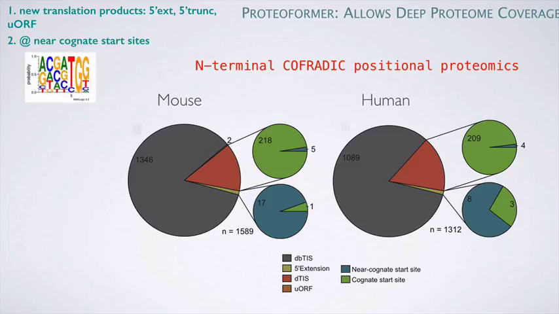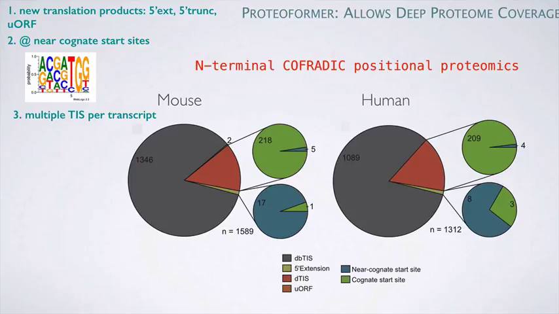Something else you can see is that these small pies represent near cognate start site translations and cognate start sites. For the extended proteoforms, a lot of these start at near cognate start sites, which is quite remarkable.